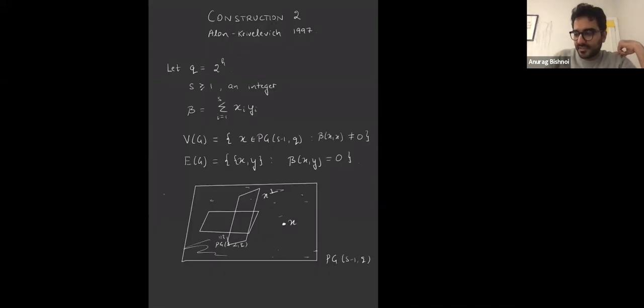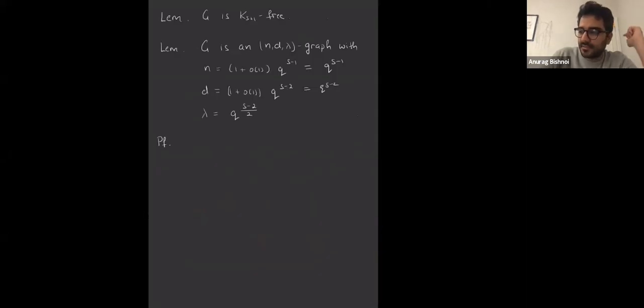So x perp intersects this hyperplane, the hyperplane of all totally isotropic points. They meet in a codimension 2 subspace. So the number of points in x perp which are outside the set of isotropic points has this cardinality: it is the number of points in PG(s-2, q) minus the number of points in PG(s-3, q).